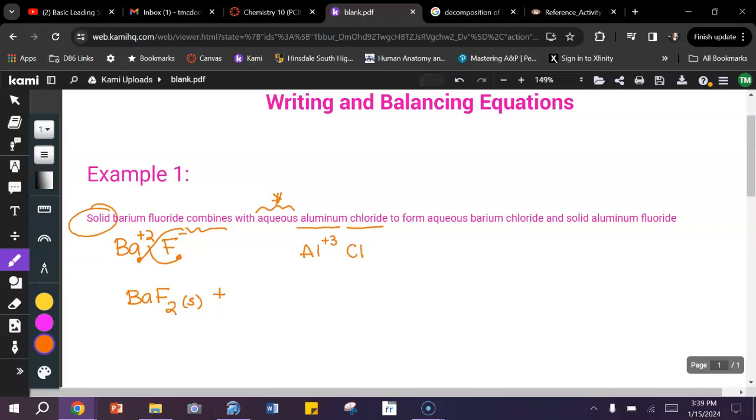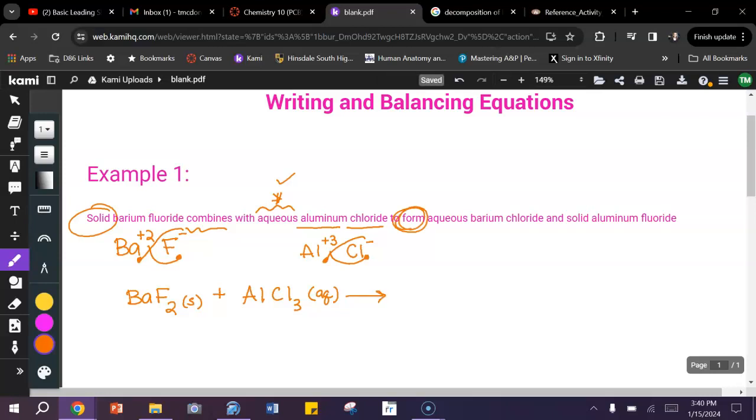It's in group 7, on the right of the stairs, and its charge is -1. So again, if we perform the crisscross method, we bring our 3 down by the chlorine and bring our 1 over to the other side of aluminum like so, and we get the formula AlCl3. And now, since we said that it was aqueous, we're going to put a little aqueous subscript next to our aluminum chloride.